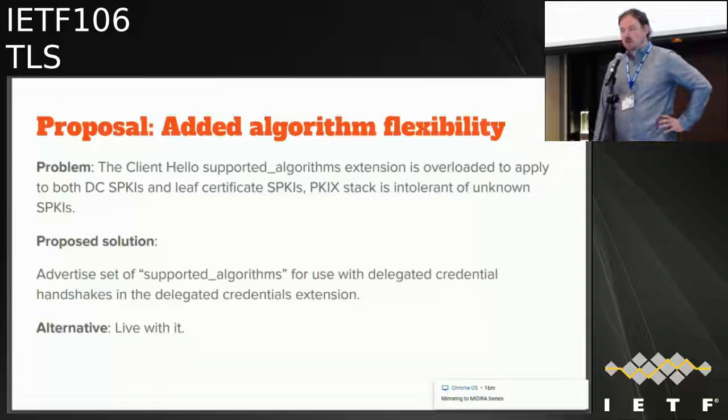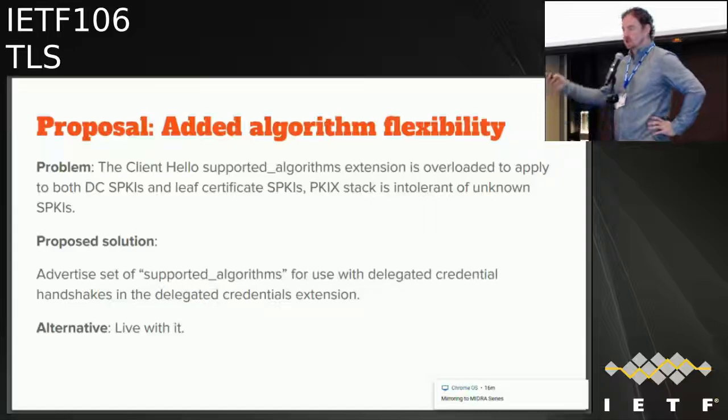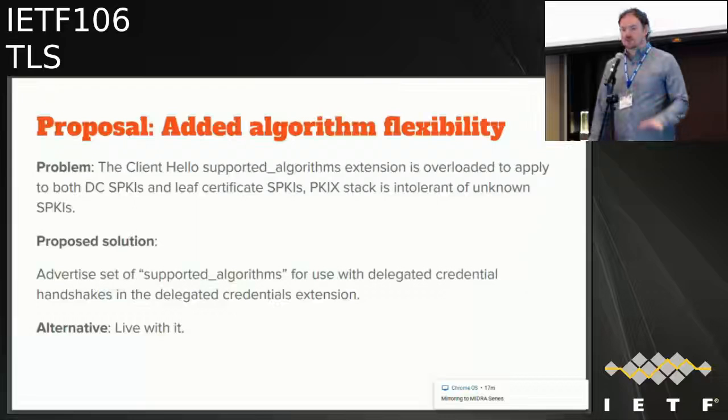In TLS 1.3, there's this idea of having supported algorithms and supported algorithms certificate as two lists: one for which SPKI is allowed in the leaf certificate versus which SPKI is allowed to be used in the certificate chain for signing the leaf certificate. Because the PKI stack is sometimes different from the TLS stack, these two may be different lists.